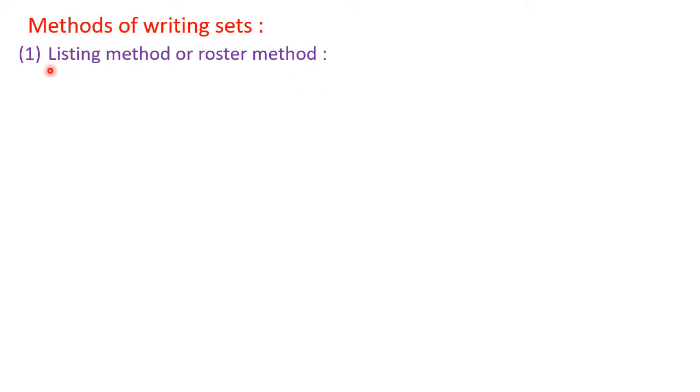As the name suggests, listing method, we have to make a list. Take a simple example. Suppose you want to go to the market, to a stationery store, and you want to purchase some things. If there are many things, then you write on paper, because sometimes you might forget. So you write whatever you want.